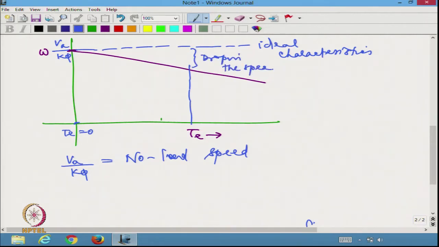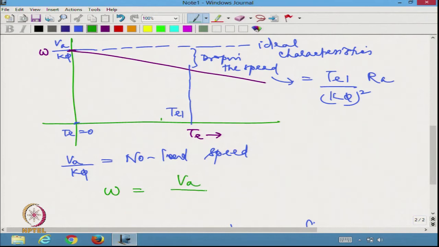If this is TE1, the drop in speed corresponding to this will be TE1 divided by K phi whole square multiplied by RA, as per the equation we wrote for the speed: VA by K phi minus TE divided by K phi whole square multiplied by RA.